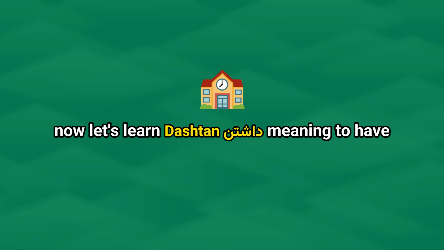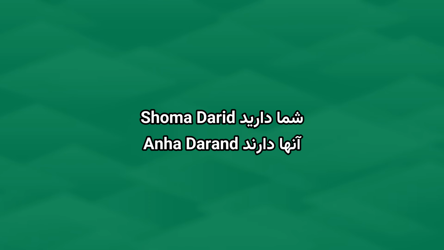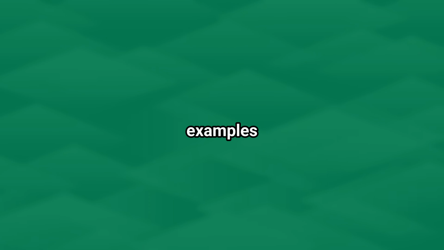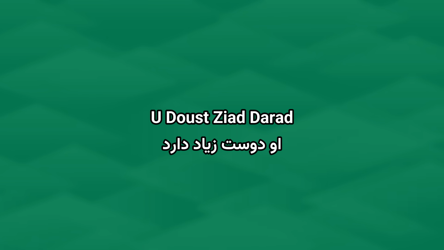Now, let's learn داشتن, meaning to have. من دارم. تو داری. او دارد. ما داریم. شما دارید. آنها دارند. Examples: من یک کتاب دارم. I have a book. او دوست زیاد دارد.